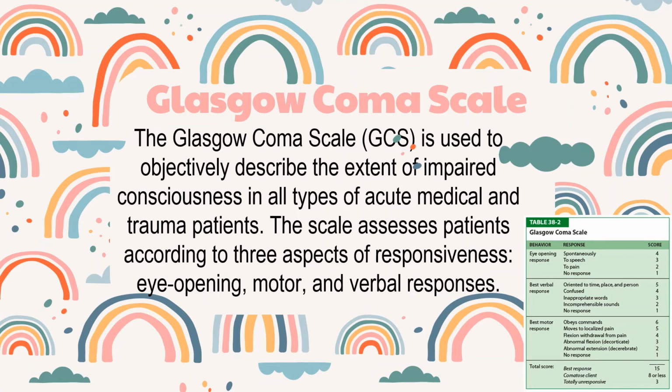Aside from that, it can help us to detect early deterioration in a patient's level of consciousness. This will allow us to act in a timely and effective manner so we can manage the care that we give to our patients. The picture beside is an example of a Glasgow Coma Scale. So we have the behavior, the response, and its corresponding score.